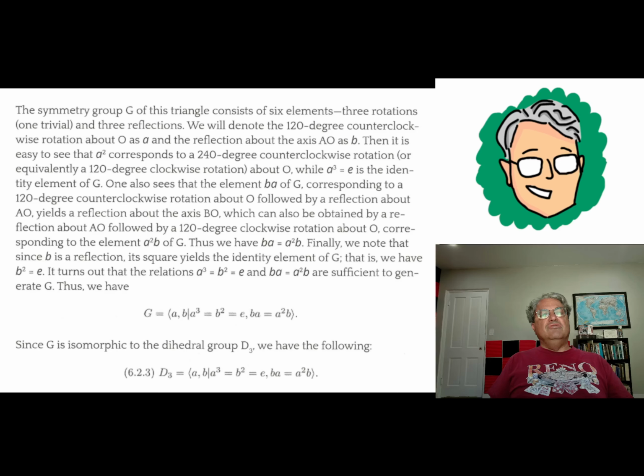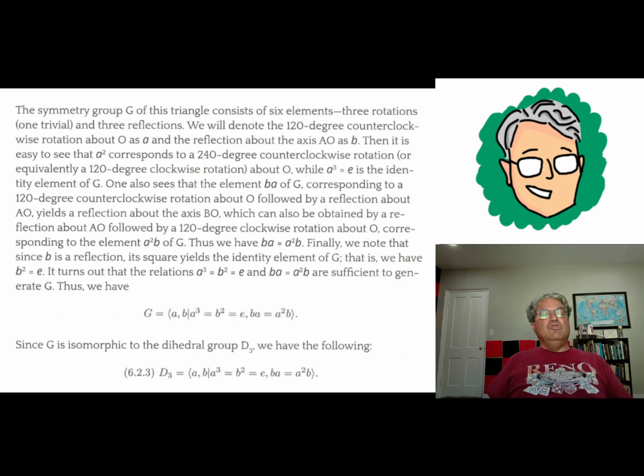Remember, b is a reflection, and every reflection has order 2. And a is a 120-degree counterclockwise rotation, which has order 3. So that's the first part of the algebra: A cubed equals e, and b squared equals e. And then the second part just says ba equals a squared b, and that completely defines our group.